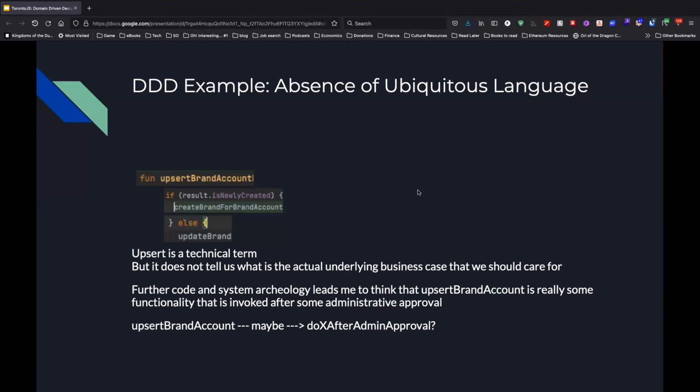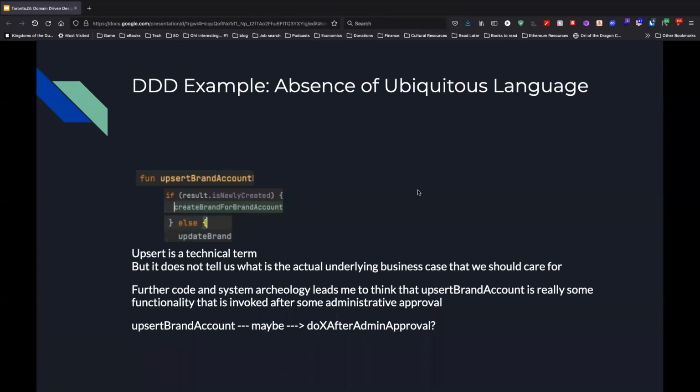So this function says the technical thing it needs to do, but it doesn't tell me what it is supposed to do in the business. What is it supposed to solve in the business? And after some digging, I actually realized that upsert brand account should maybe be called do X after admin approval.